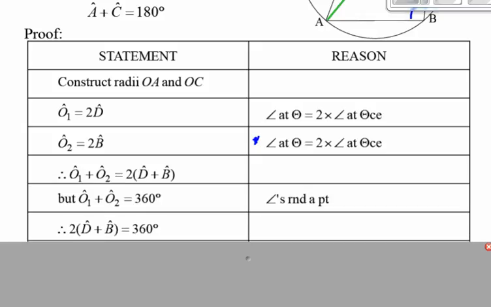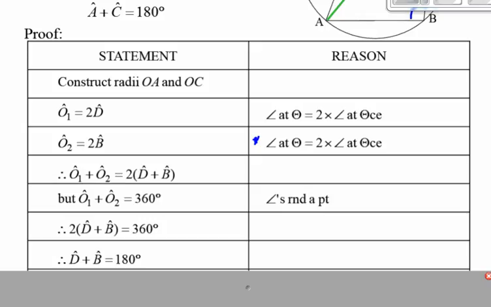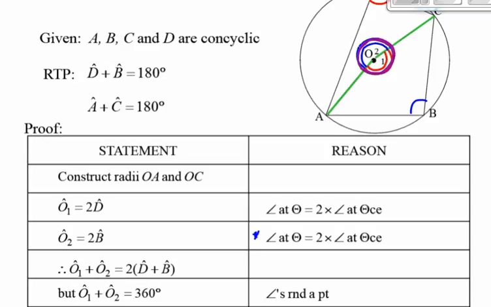It's a full revolution, angles round a point. Therefore, the thing that they're equivalent to, which is 2 times D plus B, is also 360 degrees. And if we divide both sides by 2, we see, okay, cool, D plus B is equal to 180 degrees, which is one of the things we wanted to prove.